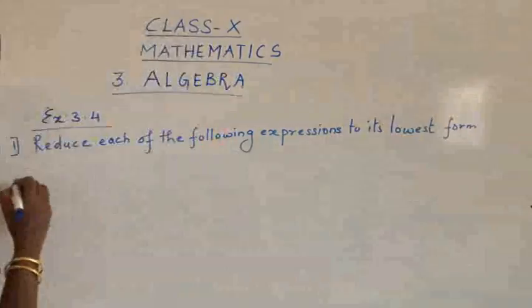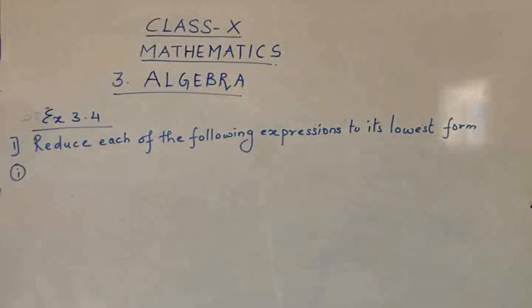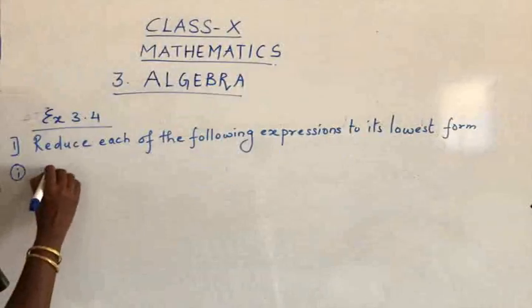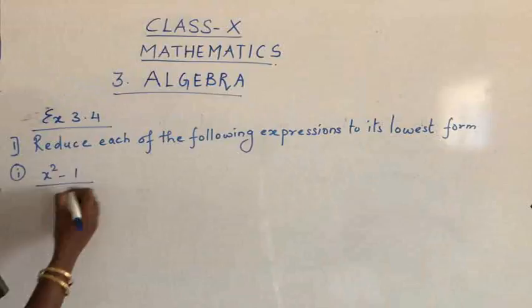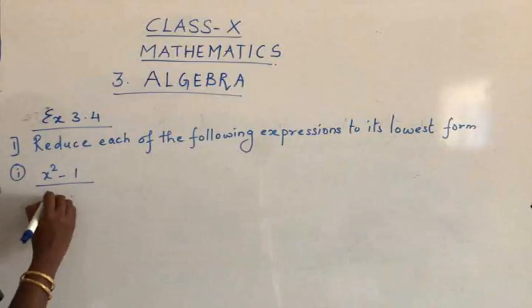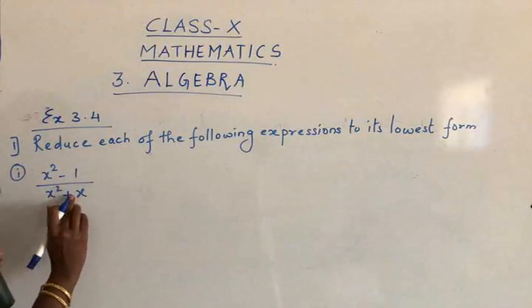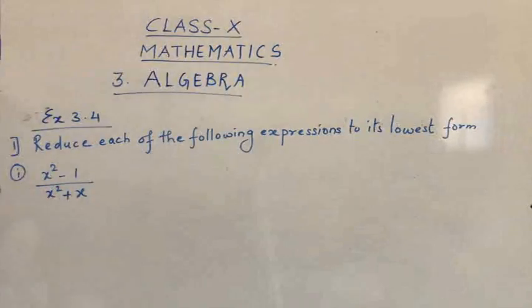Now let's see the first sum. x square minus 1 upon x square plus x. So what we are going to do here is, we are going to reduce this expression to its lowest form.